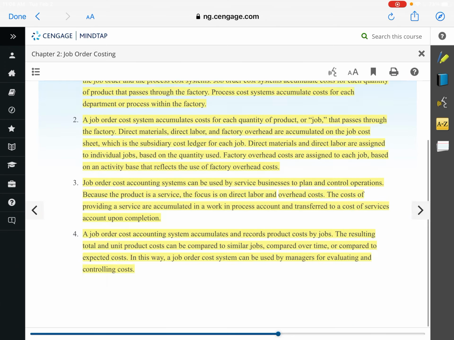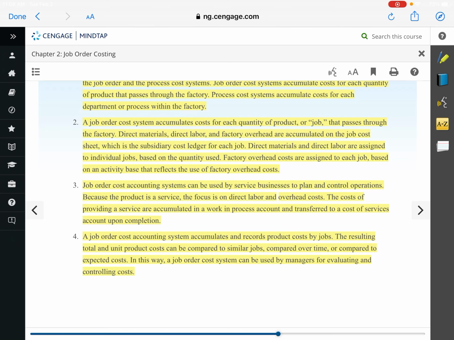Job order system, we do it by job because each job is different. Each job is going to require a different amount of materials or labor. So we have to count them out, and we want to see on a per job basis, how are we doing? Are we making money? Are we losing money? Where can we cut costs? Where can we make sure that we're doing things correctly?